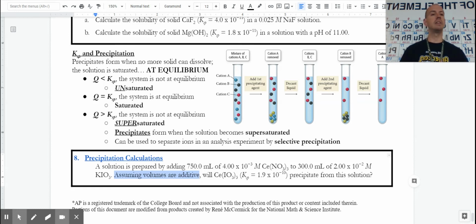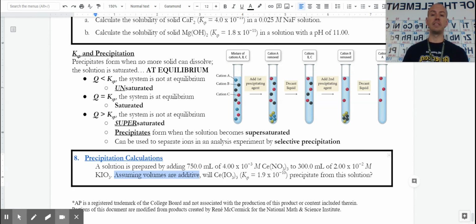So the given molarities aren't exactly the molarities I can plug in. We have to do a little extra math, recognizing that mixing solution one, the cerium nitrate, with solution two, the potassium iodate, we water down all of those ions in the process.